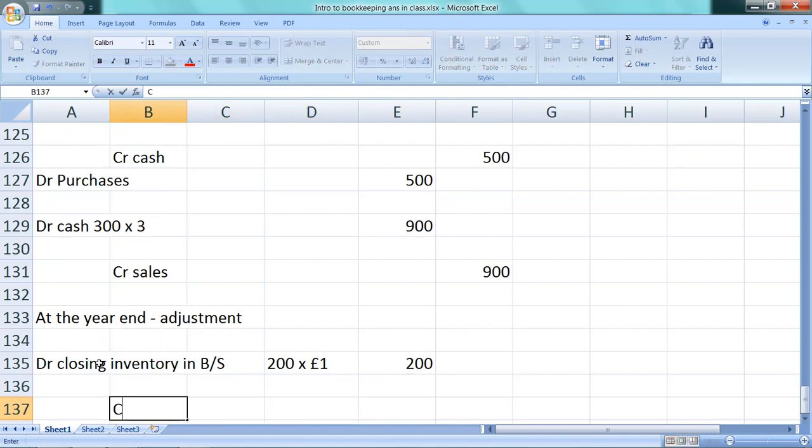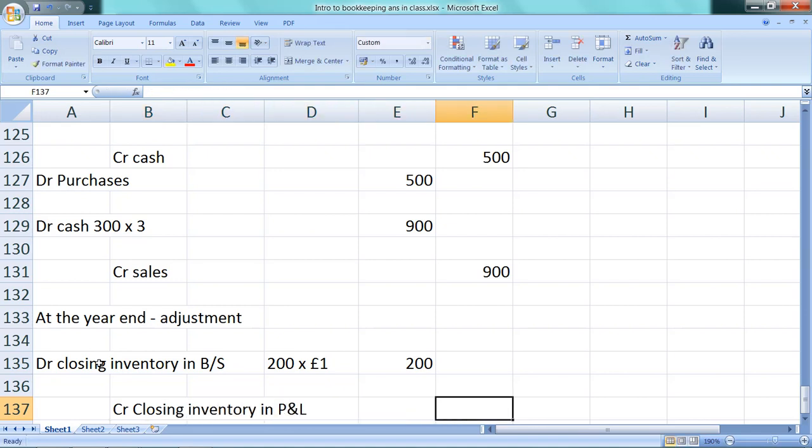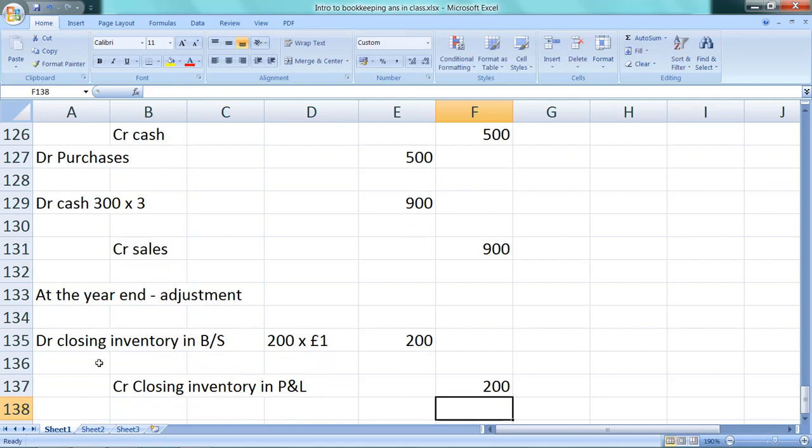What I then do is I will credit closing inventory in the P&L account to the tune of £200 as well. Okay, does that make sense?